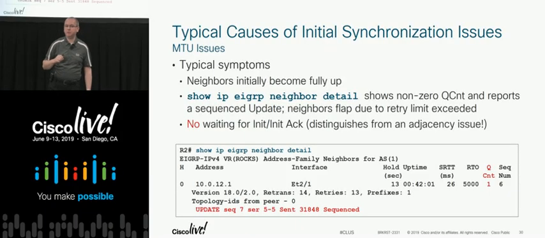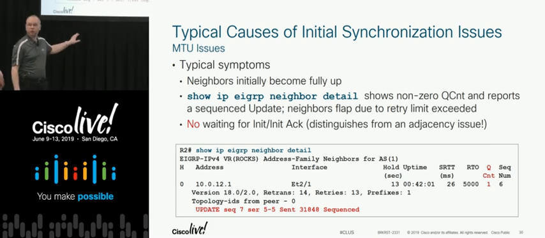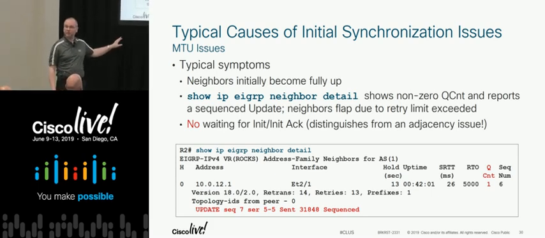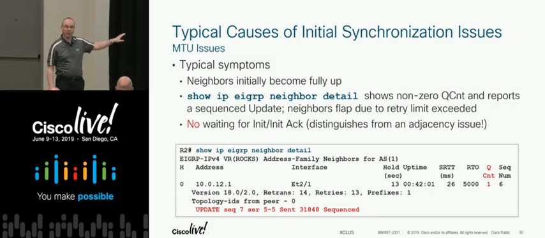Typically, this means that the EIGRP adjacency comes up and is okay, but then we cannot conclude the initial synchronization. And if you do, again, show ip eigrp neighbor detail, you will see no longer waiting for init and waiting for init ack, but rather an update, a sequenced update, standing there and being unable to be acknowledged because it doesn't really make it to the other end.